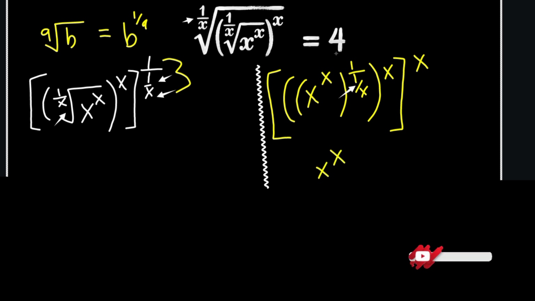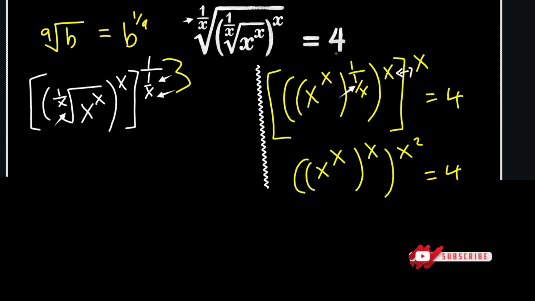of x all to the power of x, also to the power of, we are going to be multiplying these two powers together, x times x, which is x squared, and don't forget this equals 4, this also equals 4, and this equals 4.